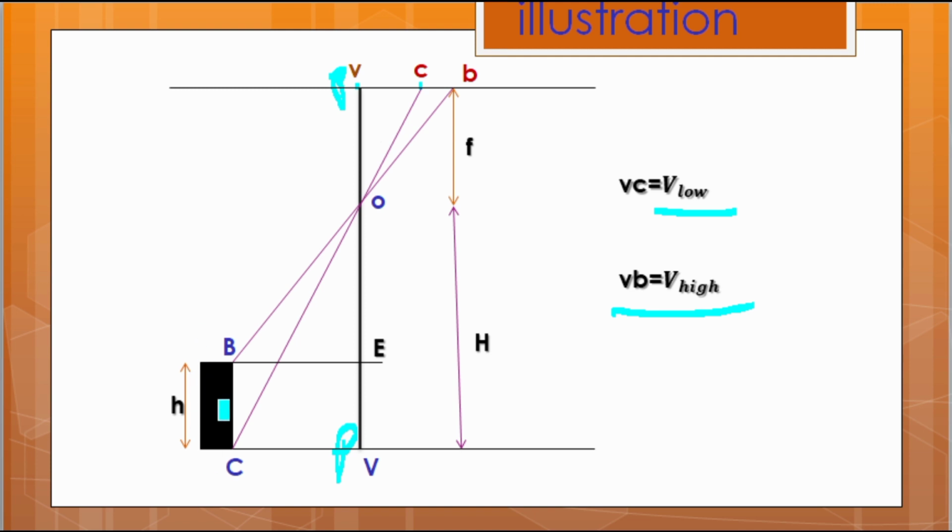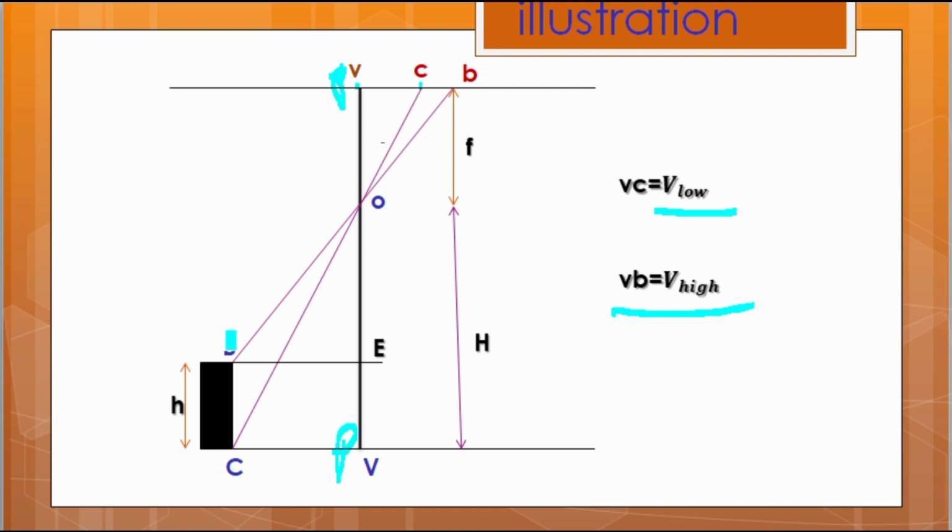Remember that so long as the small p on top and the capital P at the bottom are truly vertical, then the small v and the big V, the small p and the big P, the capital B and the capital C, and the small c and the small b are all contained in one vertical plane.